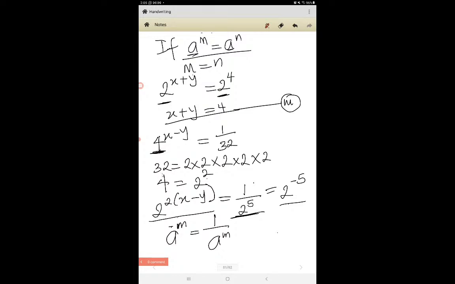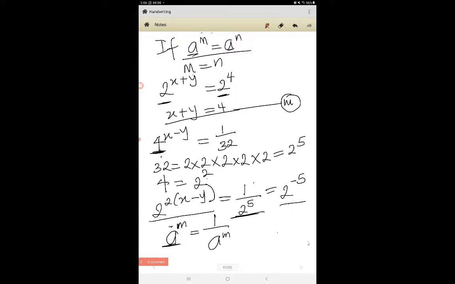So now 32 on its own is 2 times 2 times 2 times 2 times 2, which is 2 raised to the power 5. And 4 on its own is 2 raised to the power 2. So you will now rewrite this equation to be 2 raised to the power 2 times (x minus y) is equal to 1 over 2 raised to the power 5, which is 2 raised to the power minus 5, because of this law, which is 1 over a raised to the power m.